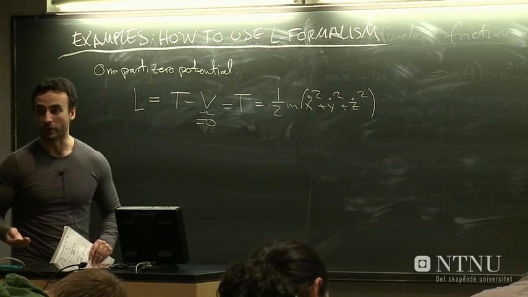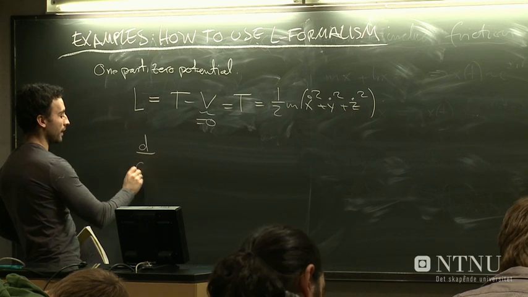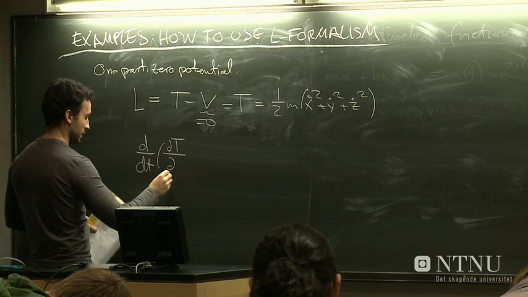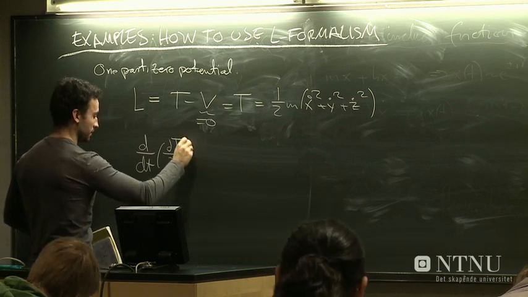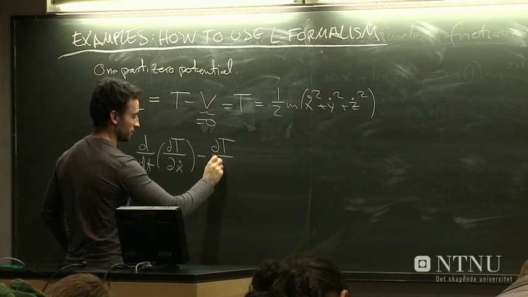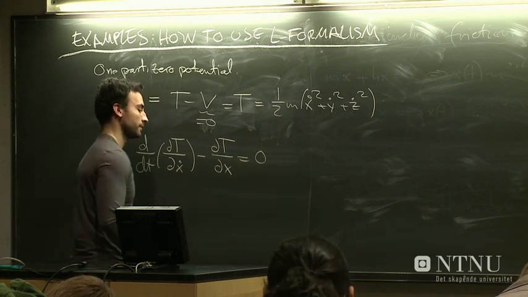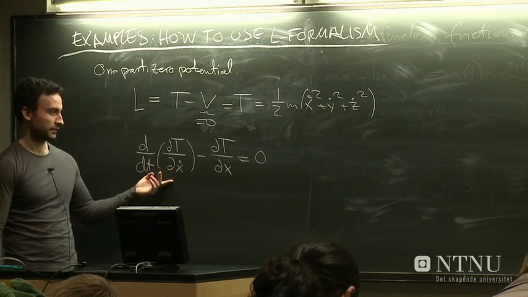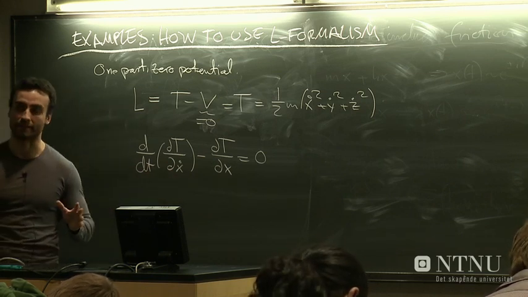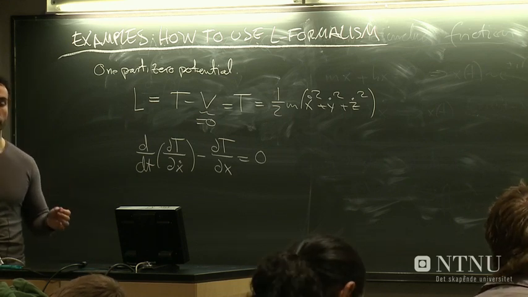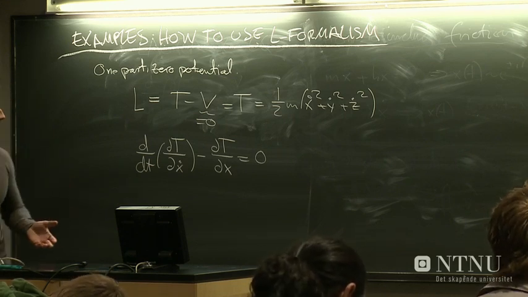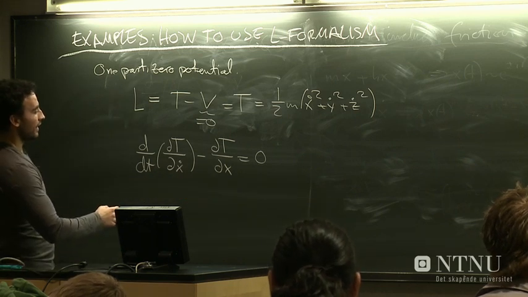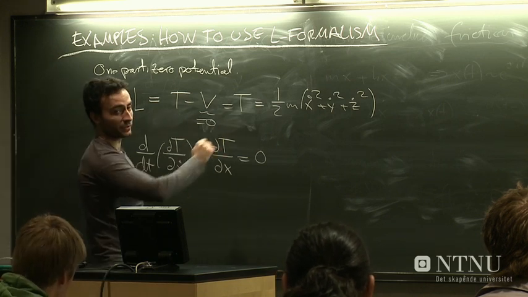Okay, so let's set up the Lagrange equation. We have this equation for the x coordinate. Remember that Lagrange's equation is in fact several equations. You have one equation for each generalized coordinate. So for the x coordinate, you have this. All right, T is independent of x.